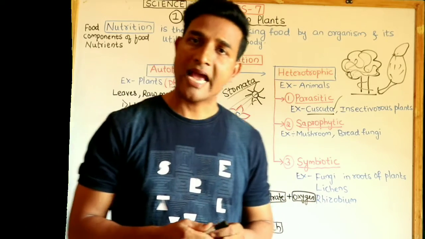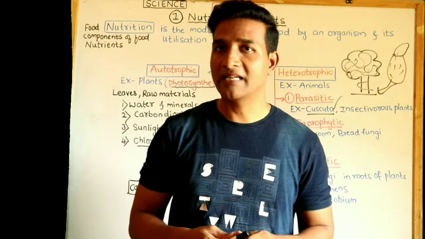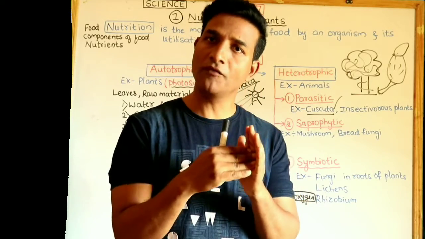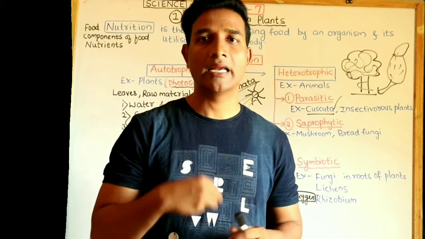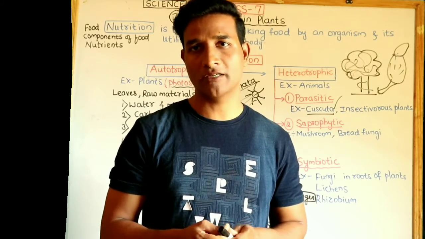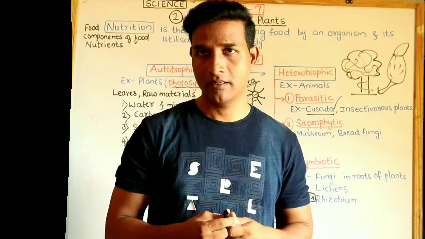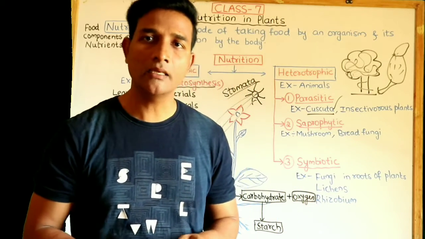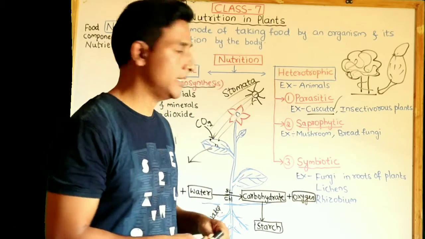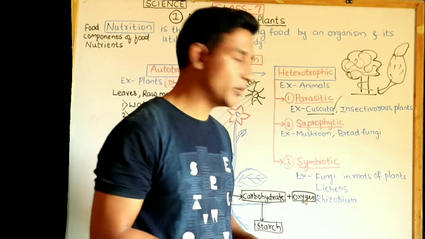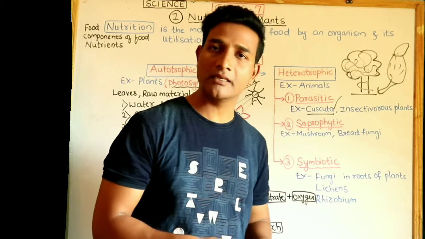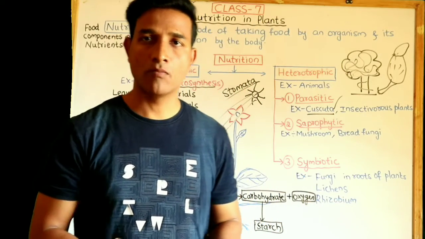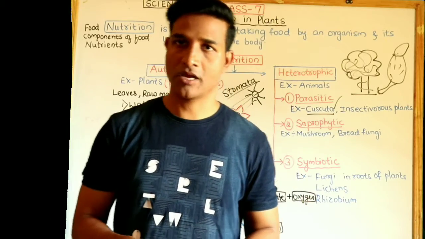Naturally, Rhizobium bacteria are present in the soil. They enter into the roots of leguminous plants and help in fixing nitrogen present in the air. This nitrogen is utilized for the production of proteins in the plant body. Thus Rhizobium has a symbiotic relationship with leguminous plants like mung, beans, etc.